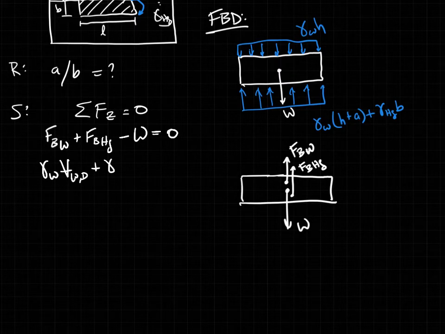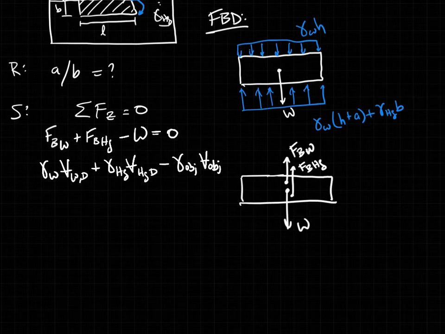That's the gamma of mercury times the volume of mercury displaced. And then minus the weight. Now the weight has nothing to do with the fluid, right? So that is the gamma of the object times the volume of the object equals 0.